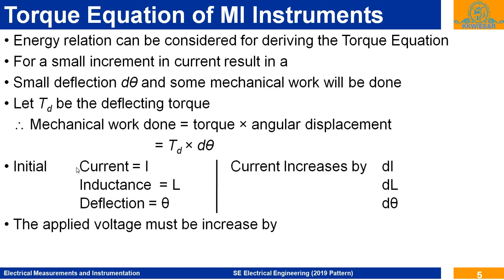Now we will see the initial condition. The current I is flowing through this coil, the coil has inductance L, and there is a deflection theta.